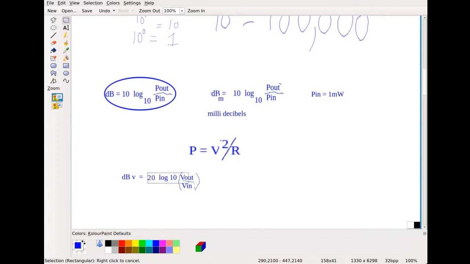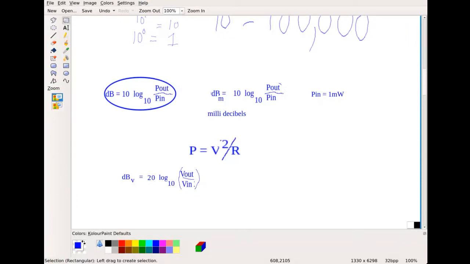So when you talk about your voltage decibels, you get 20 times log base 10 of V out over Vn.